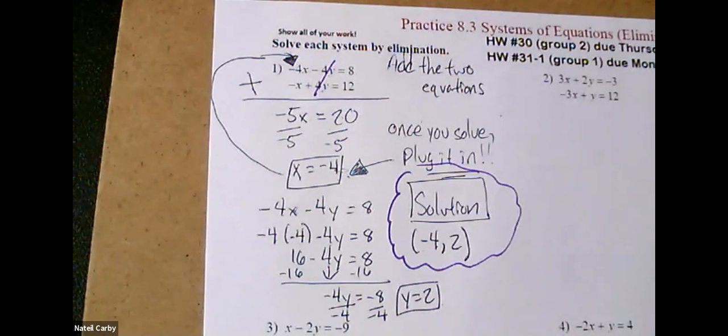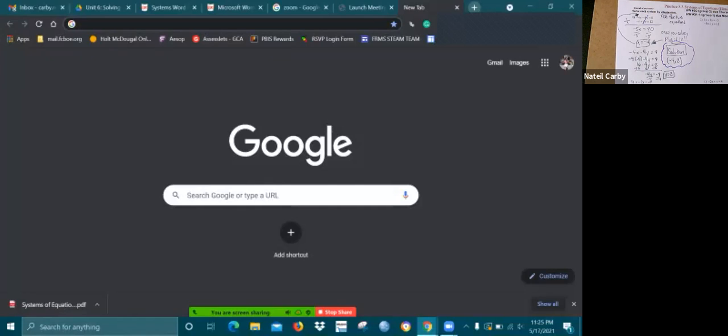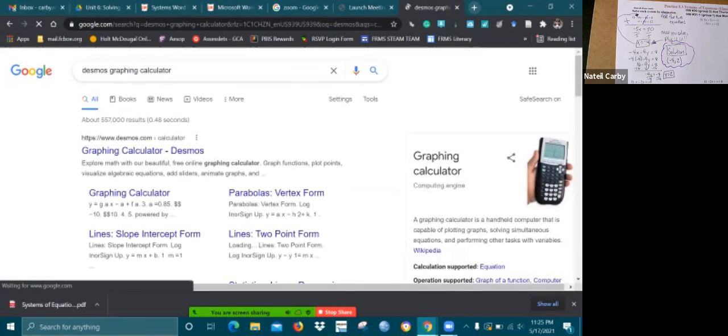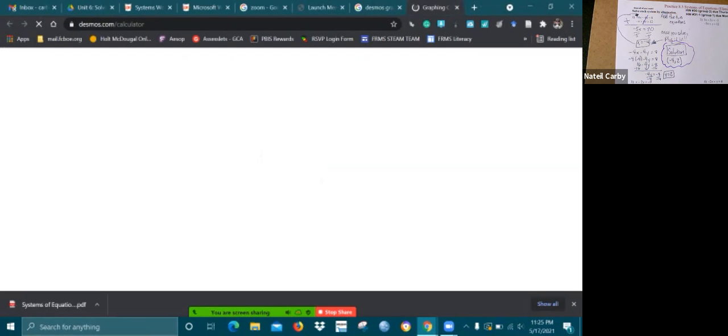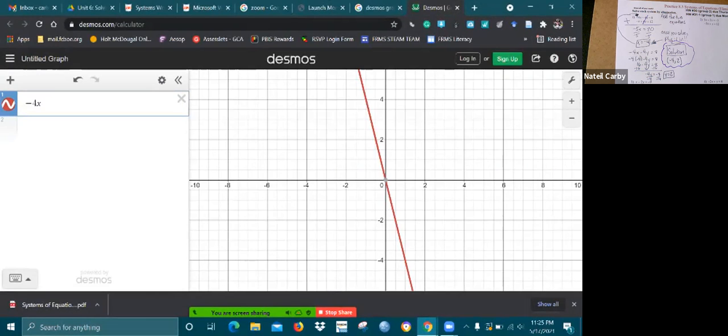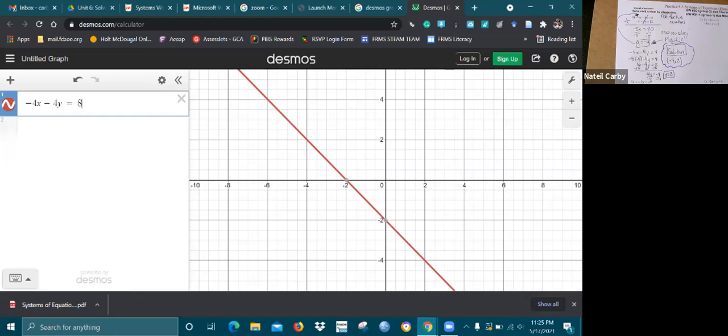Now, just so we're clear, you can also check it by going to Desmos and doing the Desmos graphing calculator. So we have negative 4x minus 4y equals 8.